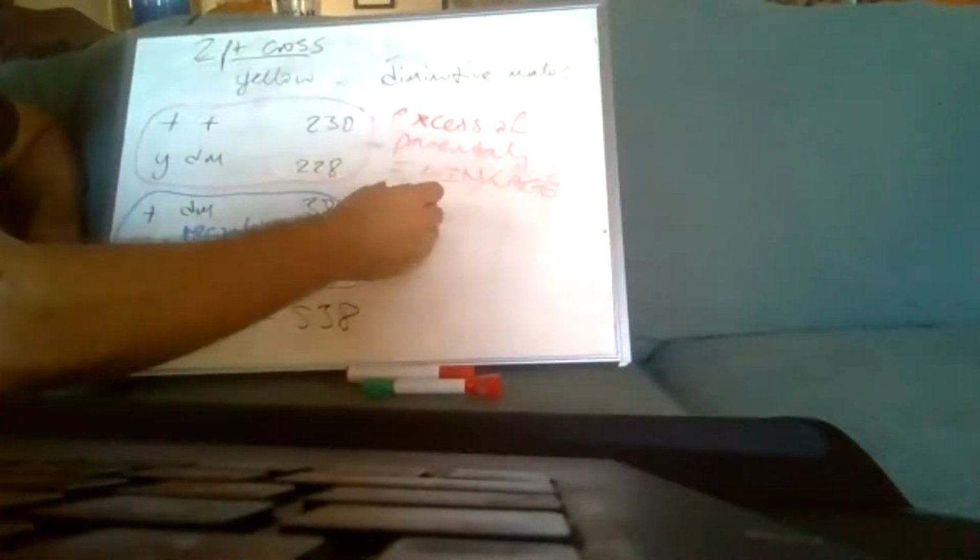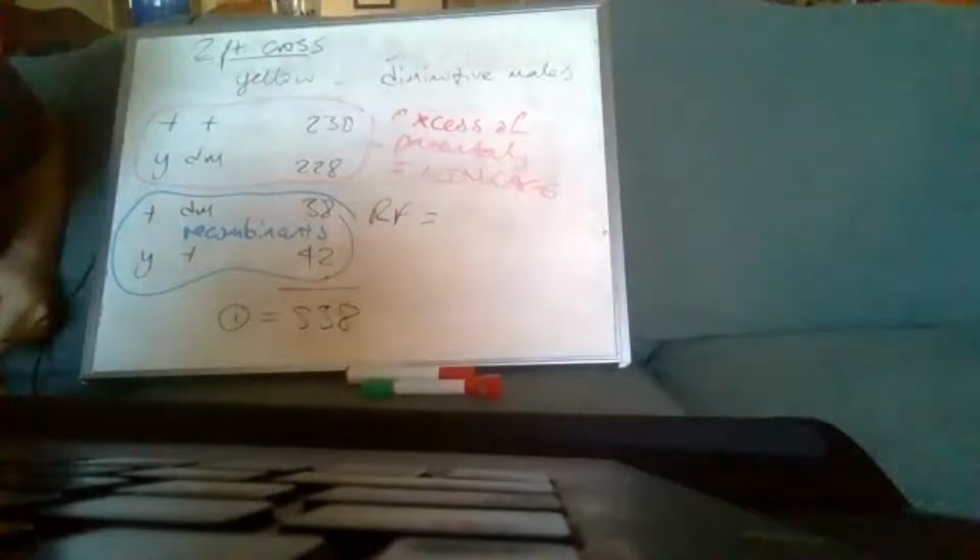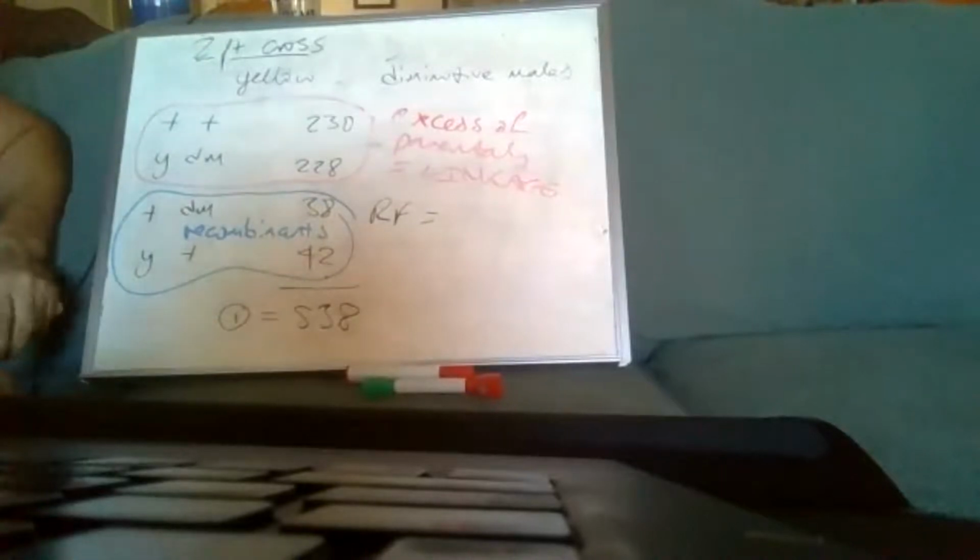Okay, so recombination frequency is what? How do you work it out? What are we dividing by what?